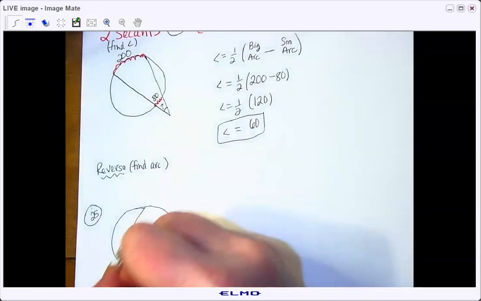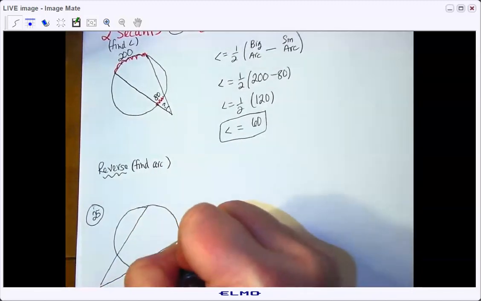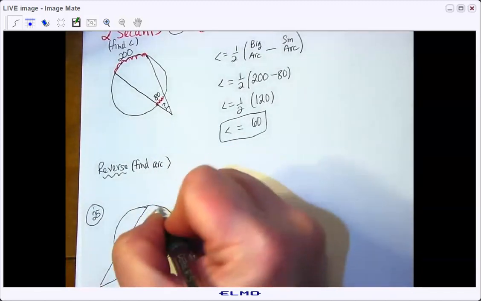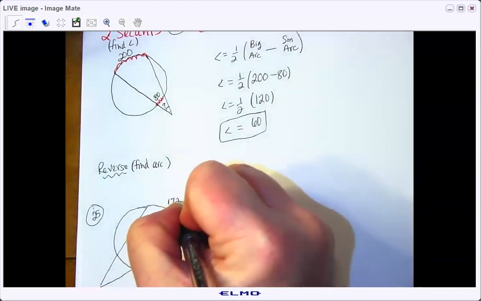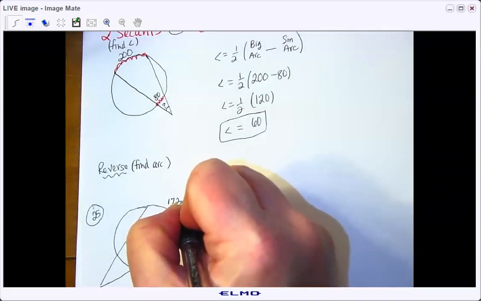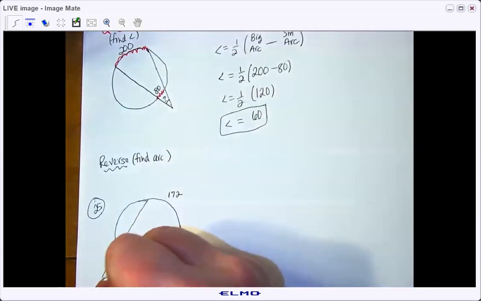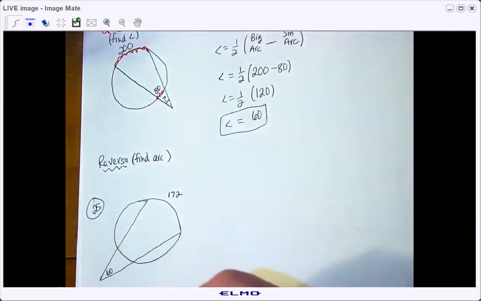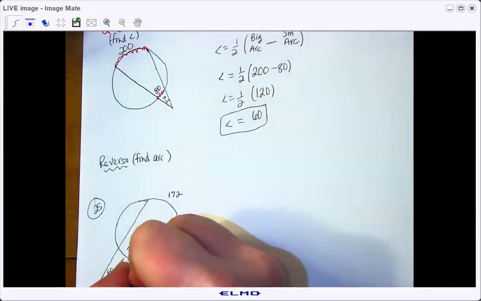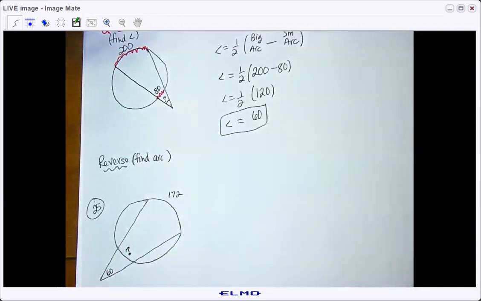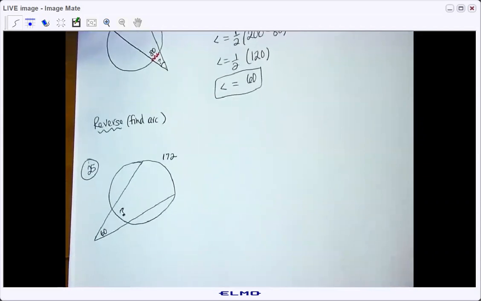So they tell us that this arc is 172. And the tail in here, or the angle, is 60. It means we want to find this arc. What did they have to subtract in order to get the answer of 60? Okay, so we're going to use the same exact formula.